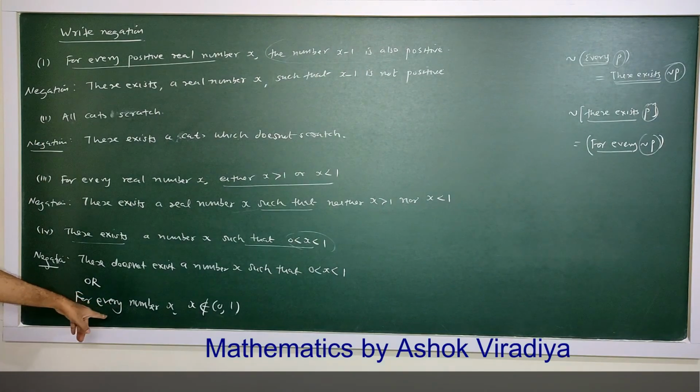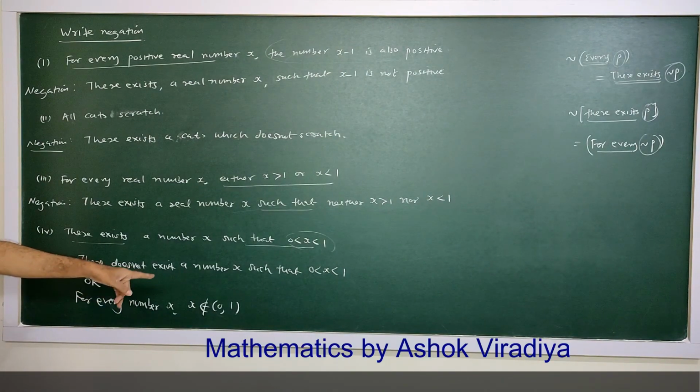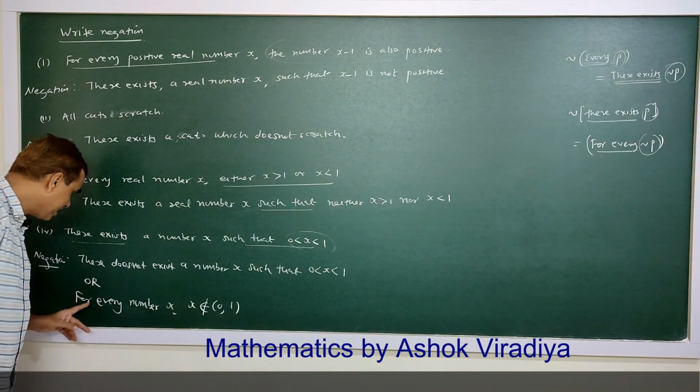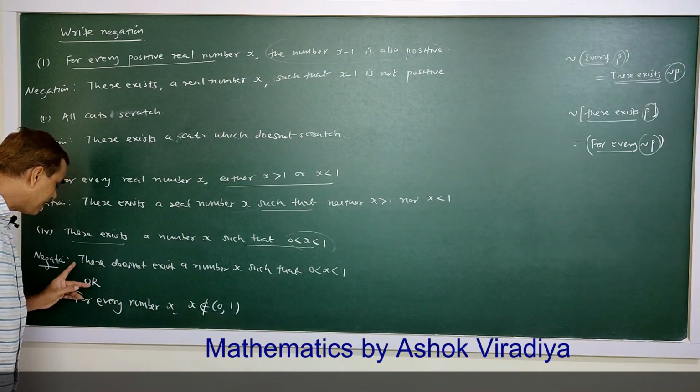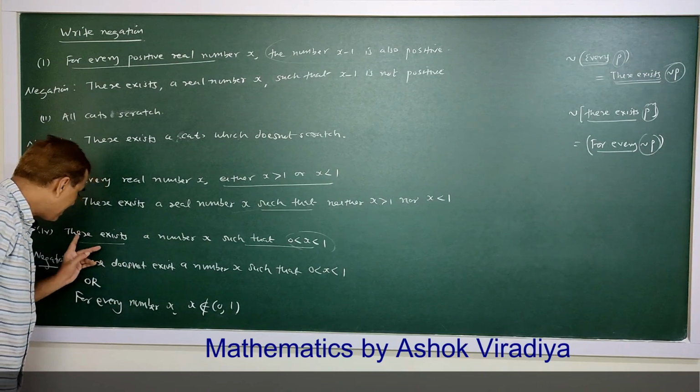So for every number x, x does not belong to 0 to 1. So this is also a way to put a negation of statements beginning from there exists.